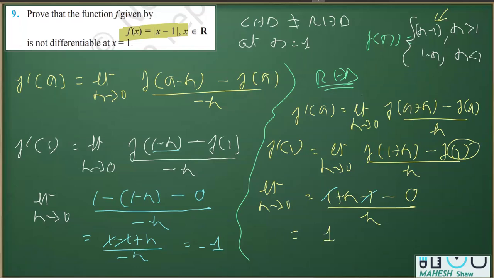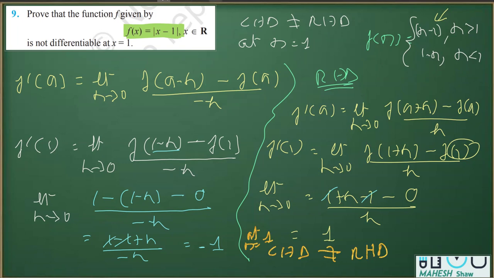So clearly we can see that here RHD and LHD are not equal. At x = 1, LHD is not equal to RHD. Hence, it is not differentiable. So an important conclusion you should get is that a modulus function is not differentiable at its turning point. Otherwise, it is differentiable everywhere.